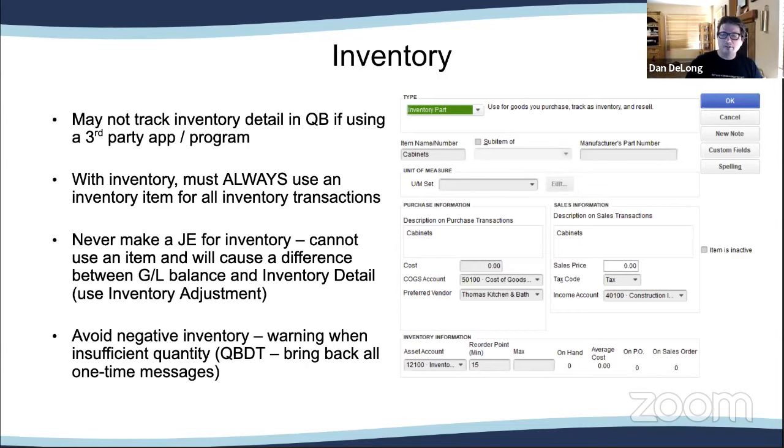Same in QuickBooks Online. Once you've set up inventory and quantity on hand, always use the inventory items on all the transactions that you're utilizing, because making adjustments for those balances will throw off the reports.